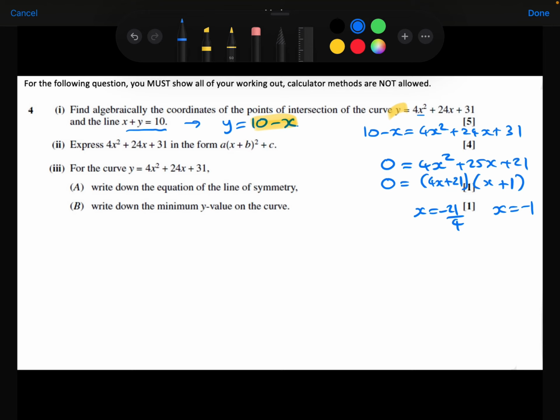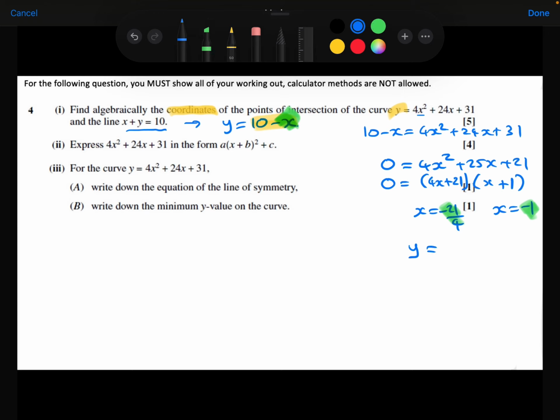I obviously need to work out the y coordinates as well, because it does say just find algebraically the coordinates. It doesn't say the x coordinates. This is coordinates, so I need x and y. So we are now going to substitute both of our x values in here to work out the y coordinates.